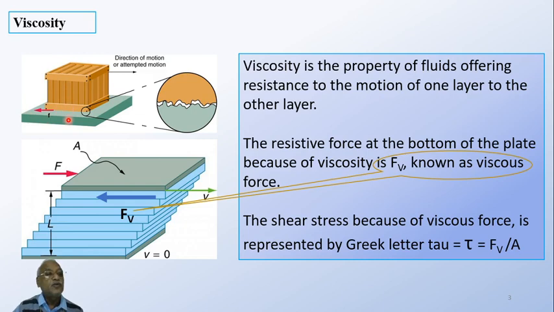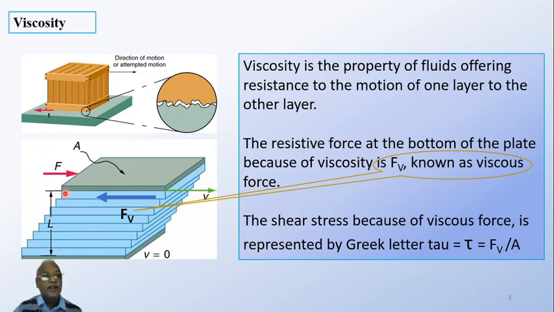So whenever two solids are in contact and one solid is being moved with respect to the other, obviously there will be a resistance force, and we call it friction in case of solids. But in case of fluids, suppose there is a fluid over here. It is shown in layers so that you can imagine. Otherwise, there won't be any distinct layers as such because it is all molecules.